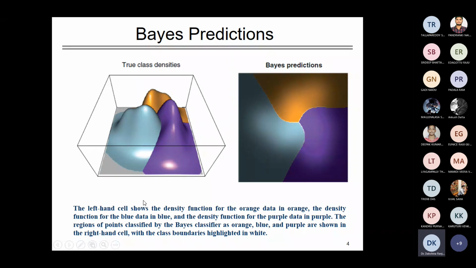These class boundaries are highlighted in white. Here you can see the class boundaries between purple and blue, purple and orange, then orange and blue. This white color represents the boundaries between the class densities.